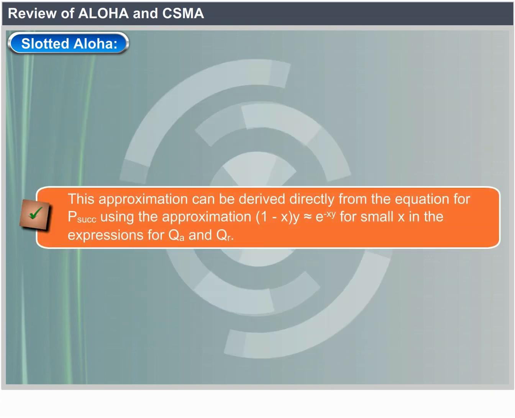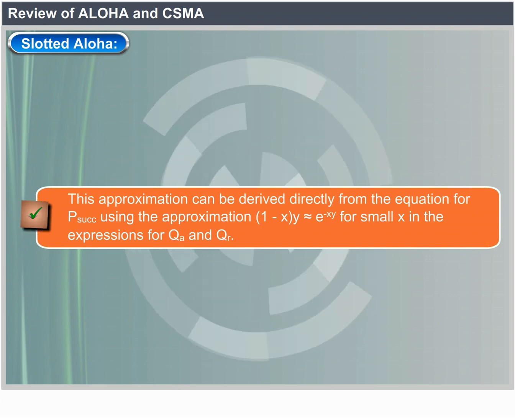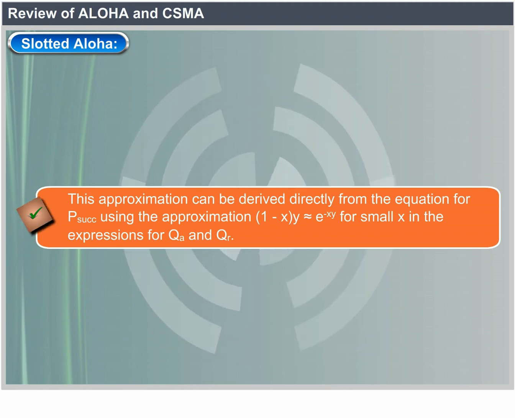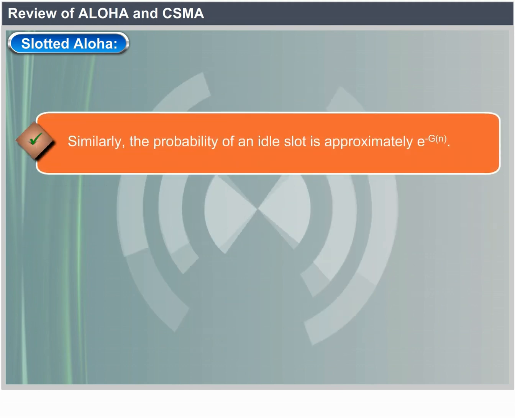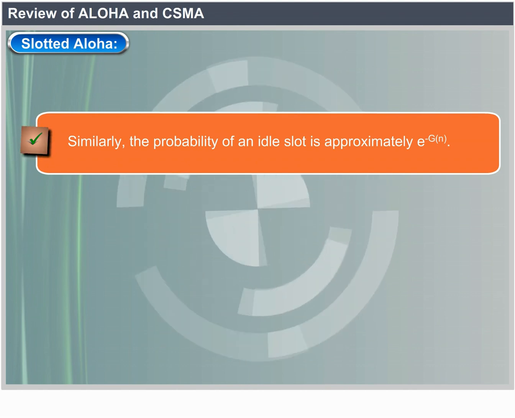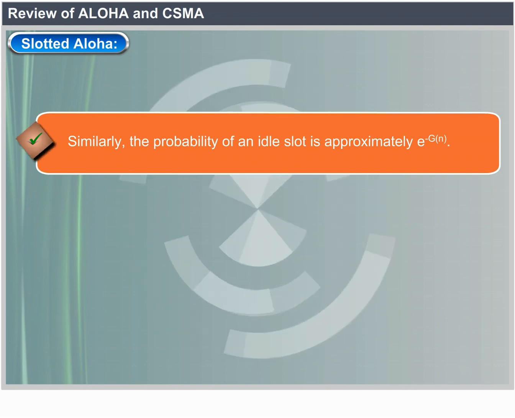This approximation can be derived directly from the equation for P success using the approximation (1 minus x) to the power y is approximately e power minus xy for small x in the expressions for QA and QR. Similarly, the probability of an idle slot is approximately e power minus G of n.